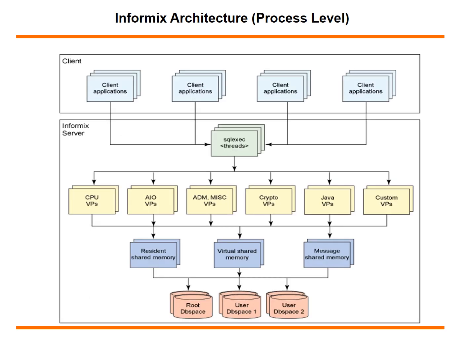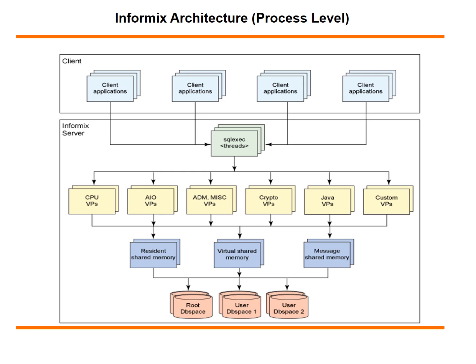Let's come to the Informix architecture at the process level. Same as before, there is the client process and the server process. Once you initialize the instance, many processes will be started, let's say CPU, IO, ADM, crypto, Java, custom VPs, like that. These are all virtual processors.